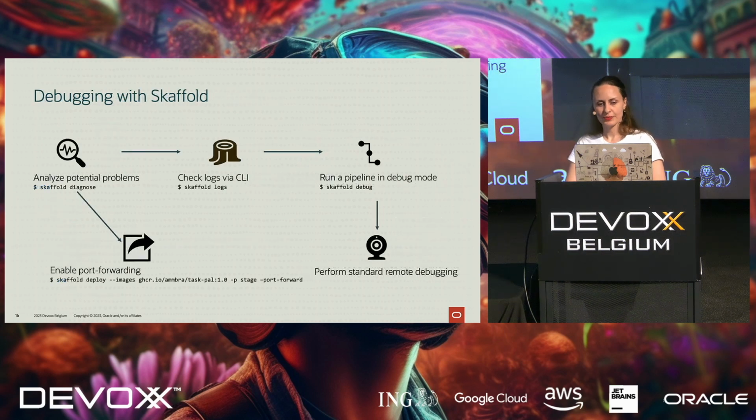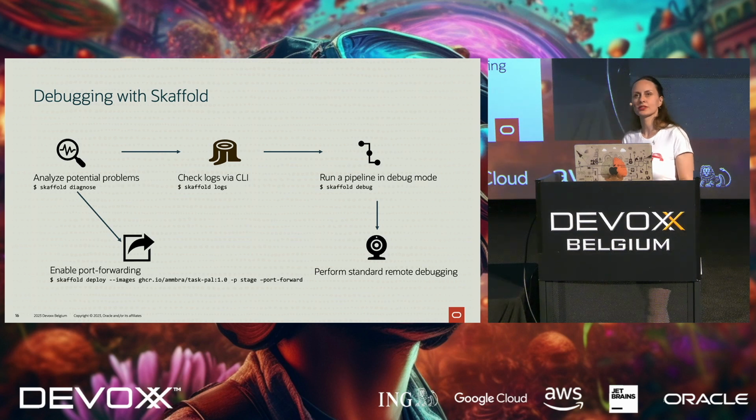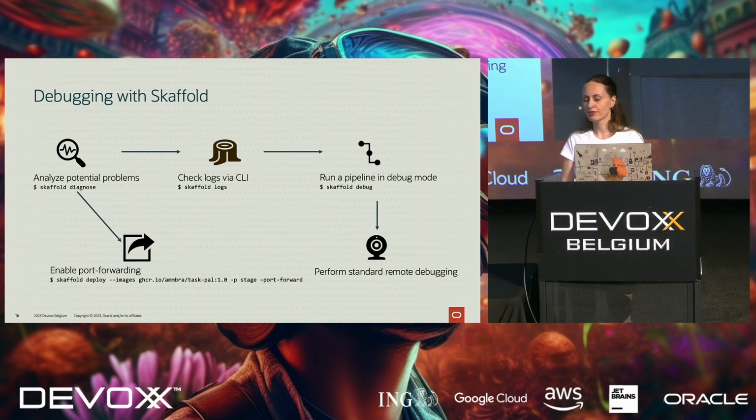Now, debugging, on the other hand, I like that I have diagnose to see what's going on with my Skaffold deployments, but besides logs, I like that it has the debug command built in. What the debug does, it attaches the debugger so you can perform remote debugging yourself. Or you can do port forwarding, as in the case of the other tool as well.